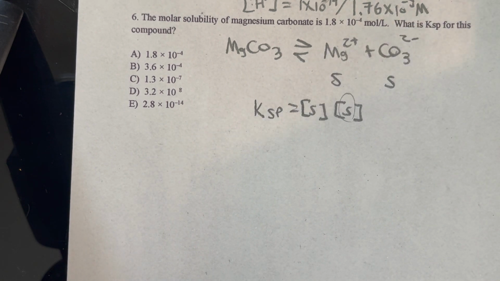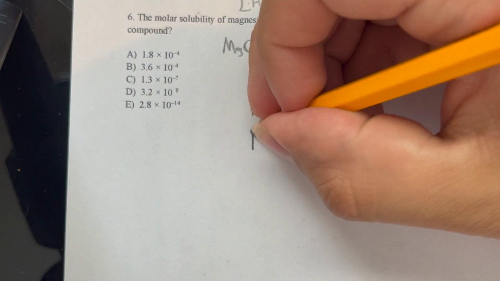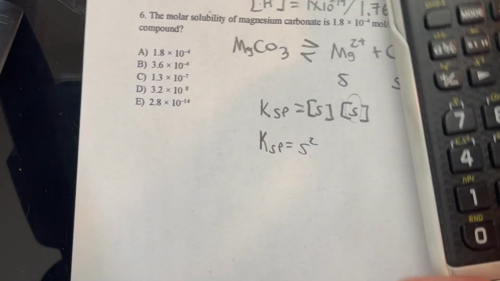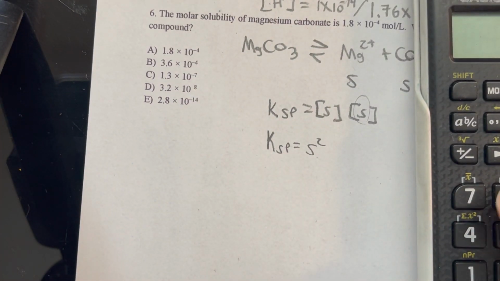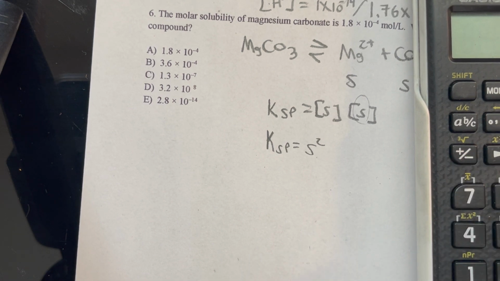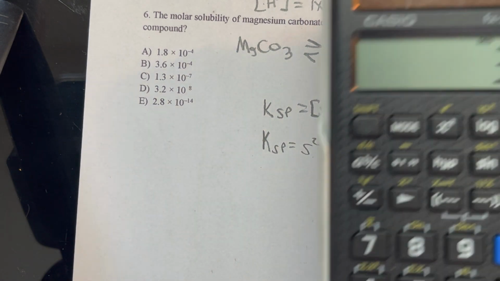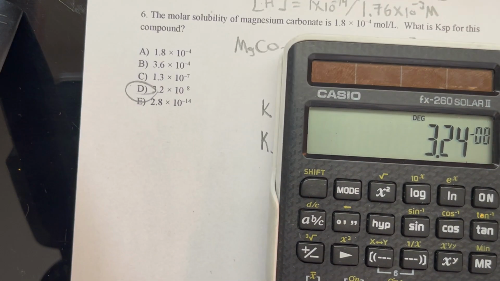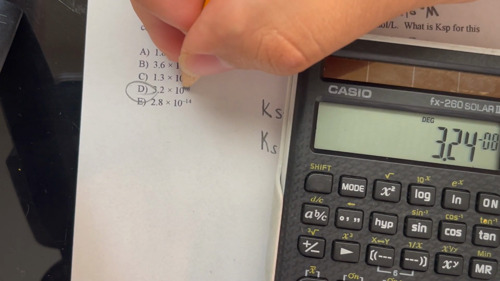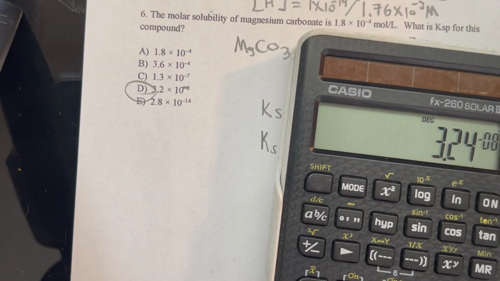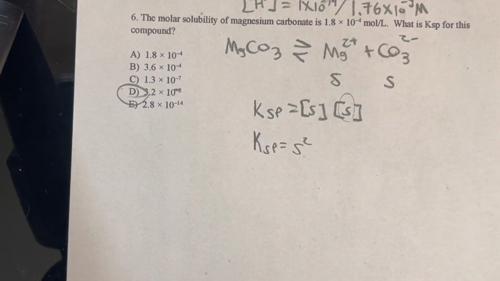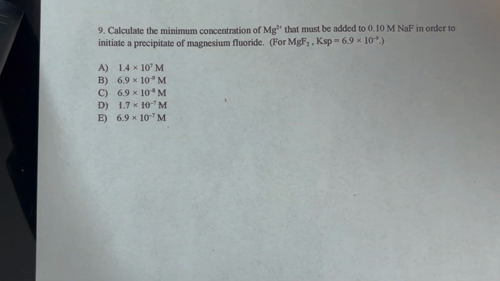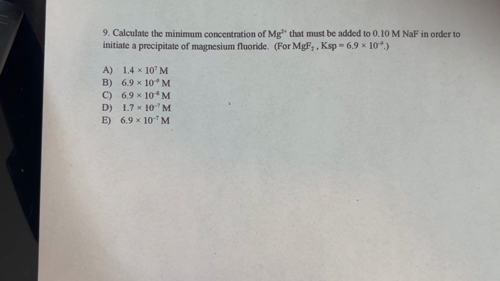So then KSP becomes S squared. 1.8 times 10 to the negative 4 squared, which should be D. I think you're missing a negative. Yep. Yes, pretty straightforward.